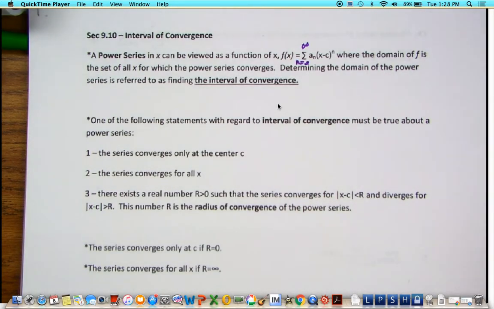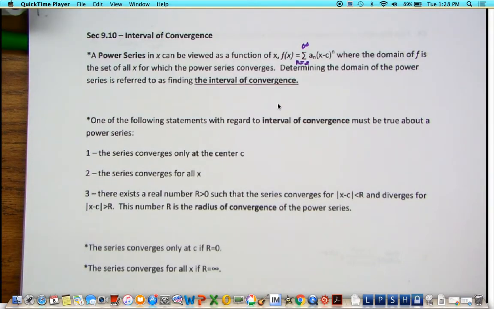The more terms I added, the closer it got, right? And what we'll find today is that we can show that it does in fact converge everywhere.